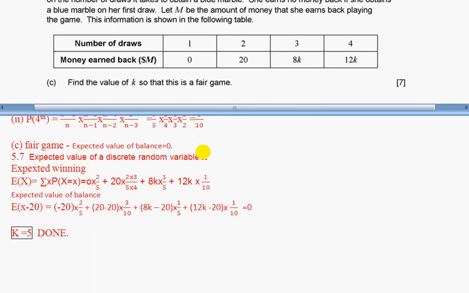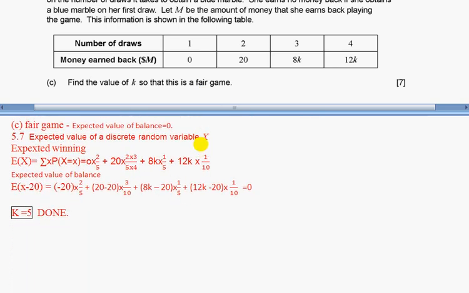Fair game means that the expected value of balance should be 0. So the expected value of a discrete random variable, so expected winning, will be the value of winning times probability, when the marble is 1, 2, 3, and 4.